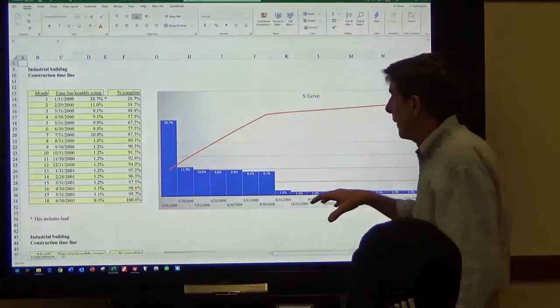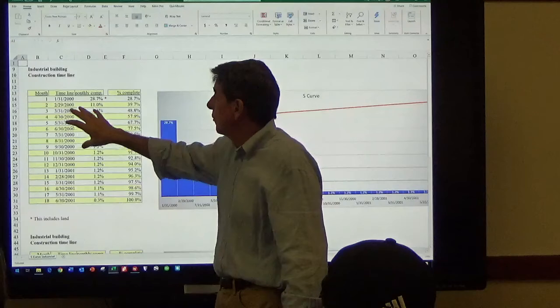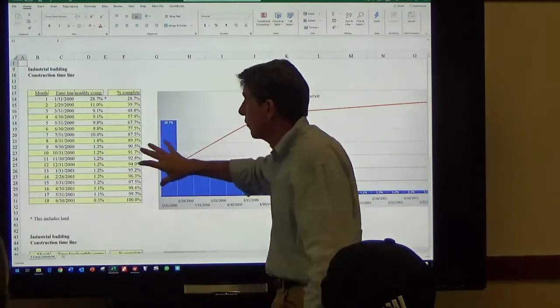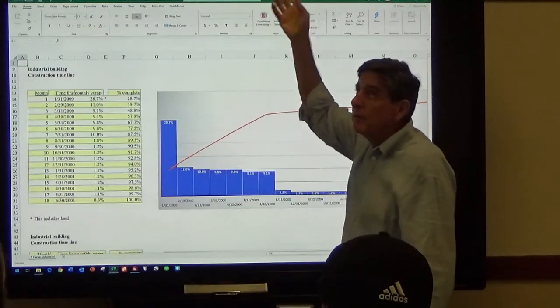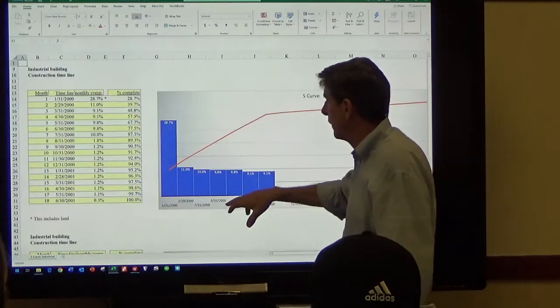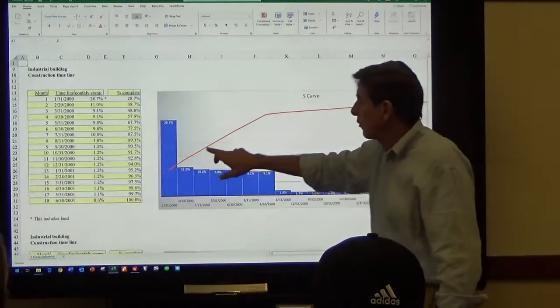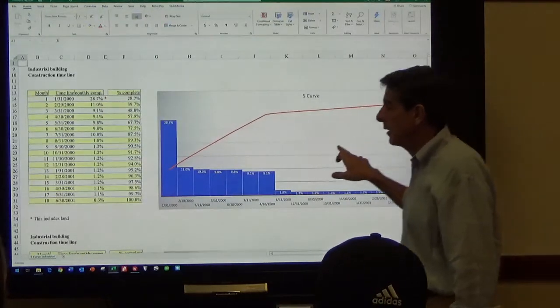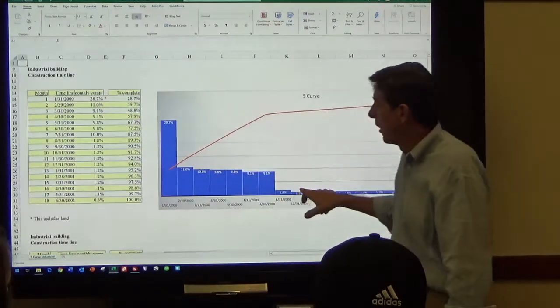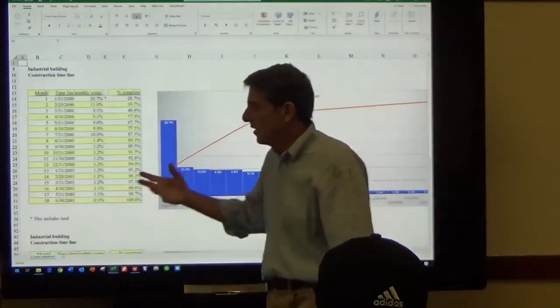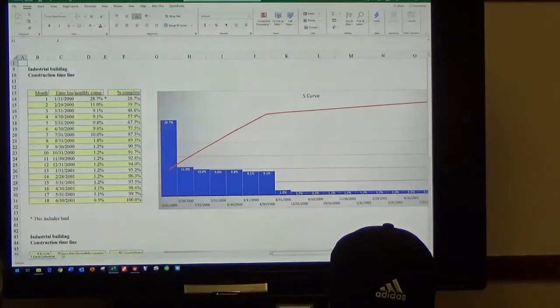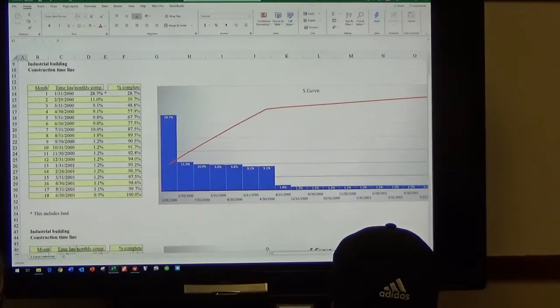This is a particular construction of a building that happened in 2006, 2007, and it's a monthly timeline. It's a Pareto chart, and it has cost to date and then costs per month. So this is with land. I'm going to show it to you without land because the land skews this a little bit.